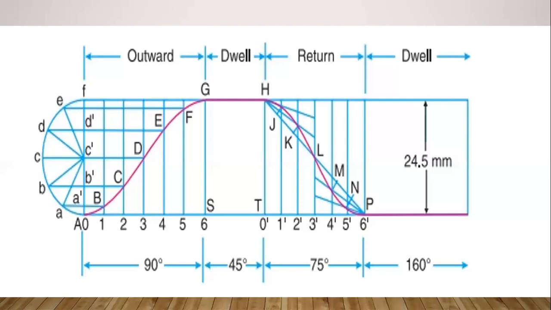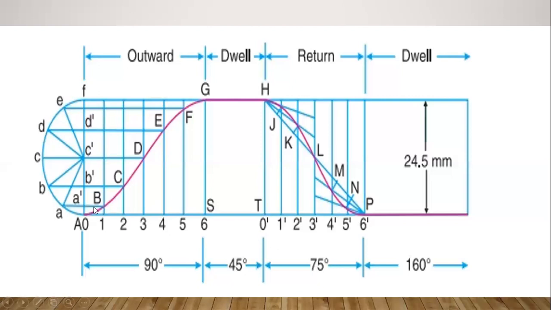And intersect the vertical lines with the horizontal lines from the divided sections of the semicircle. So here we have seen the points A, B, C, D, E, that is small a, b, c, d, e.